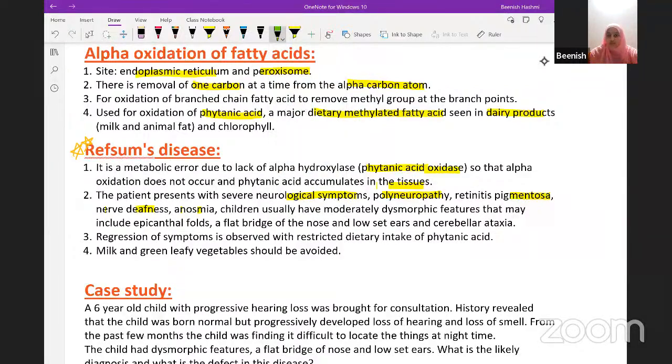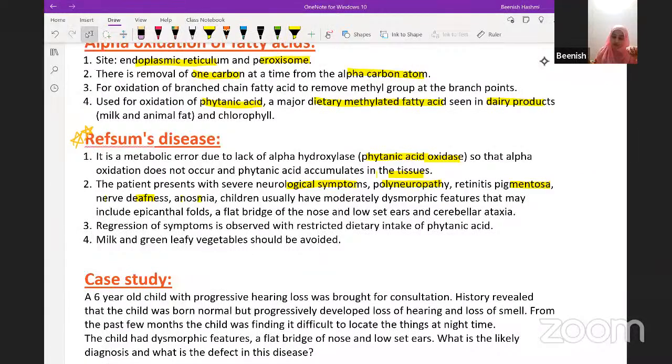Retinitis pigmentosa is night blindness, because of damage to the retina, so the person is not able to see in dim light, and when it worsens the person is not even able to see in bright light. Then anosmia is loss of smell. Regression of symptoms is observed with restricted dietary intake of phytanic acid. So the treatment includes that you need to restrict diet which is rich in phytanic acid.